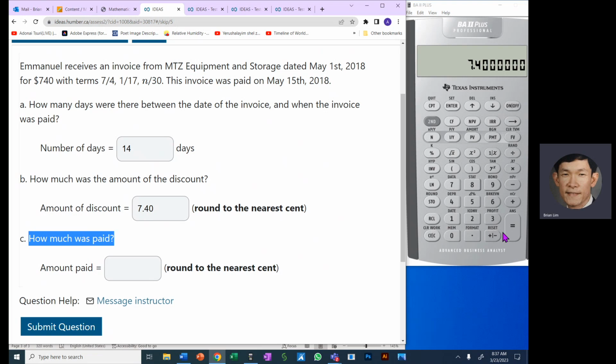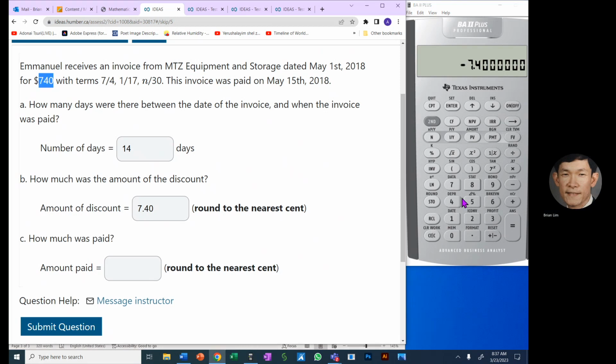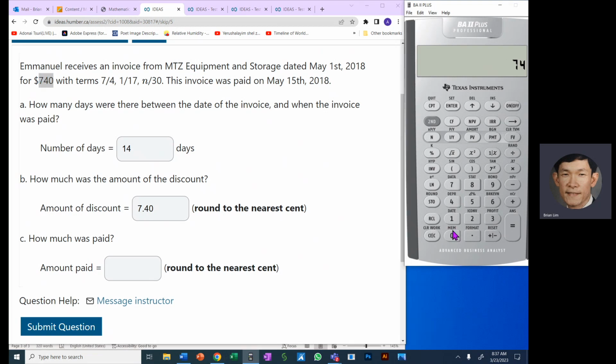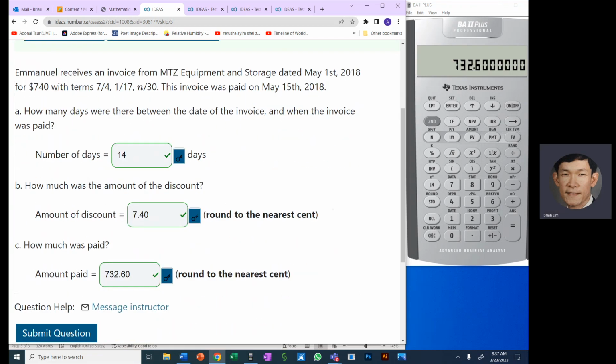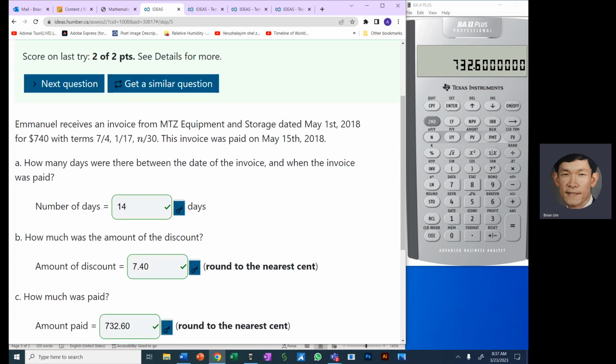You have to change this, make this negative, and add the amount of the invoice, which was $740. So we're adding 740, and that gives us 732.60. So 732.60. And we submit the question, and there we are, and it is correct.